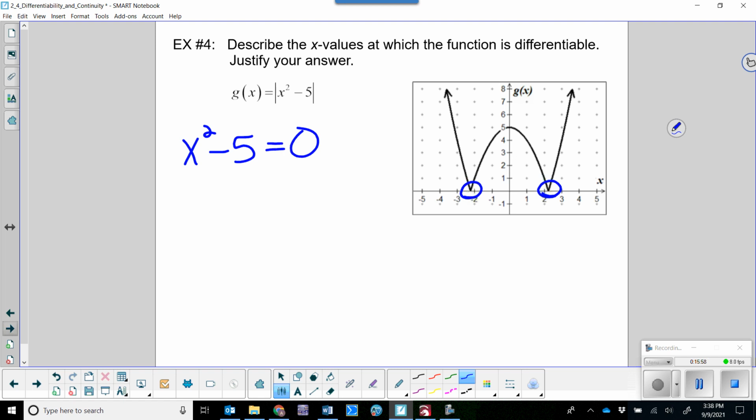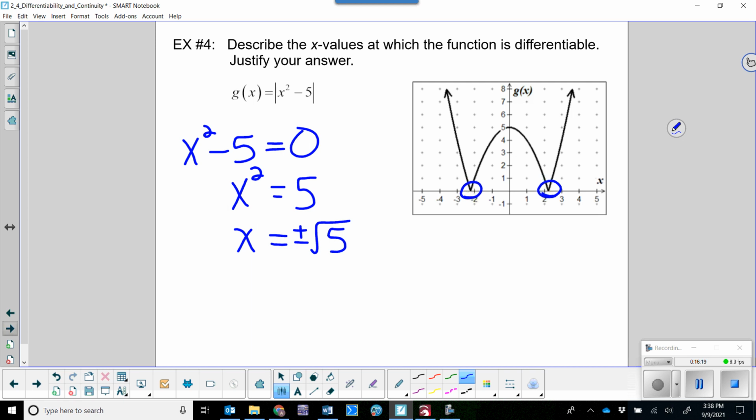There's also sort of an exception. I don't have the x term. So the easier way to solve this would be to move the 5 over, and you have x squared equals 5, and you use the square root property. There are two roots, plus and minus the square root of 5.